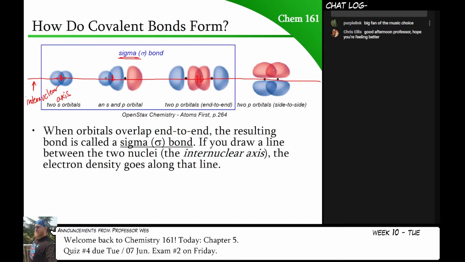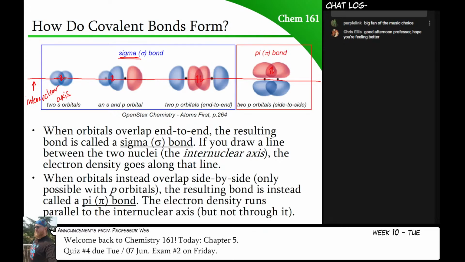Over here, where my electrons pair, is not along this line. It's above and below the line, right? So we're going to call that something different. That's going to be called a pi bond. In a pi bond, the electron density is parallel to the internuclear axis, but does not run through it.